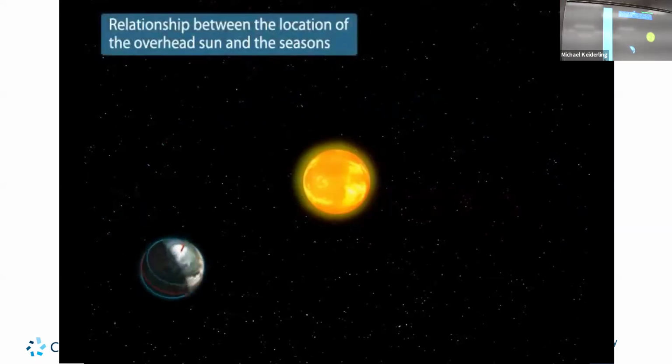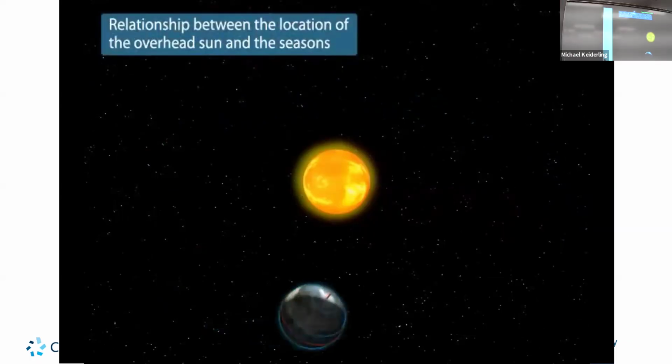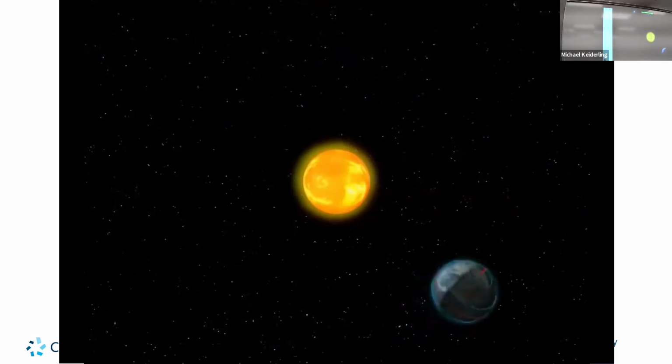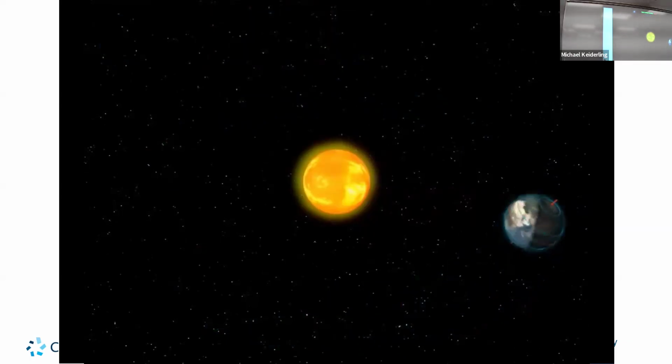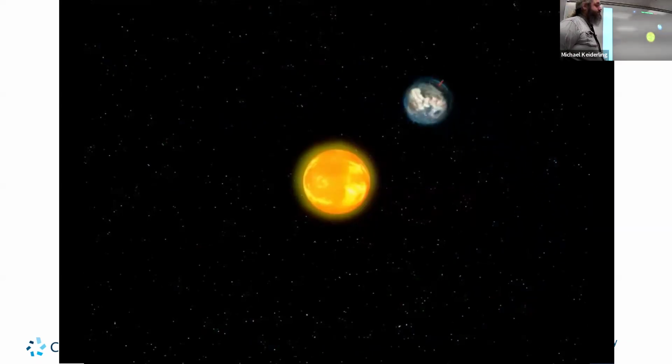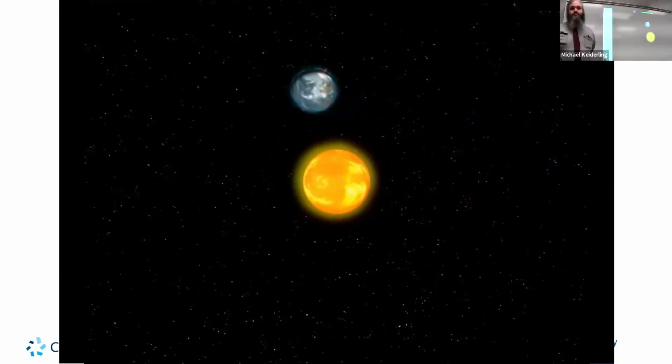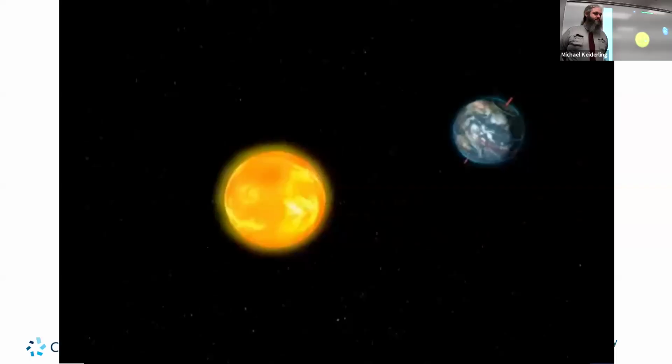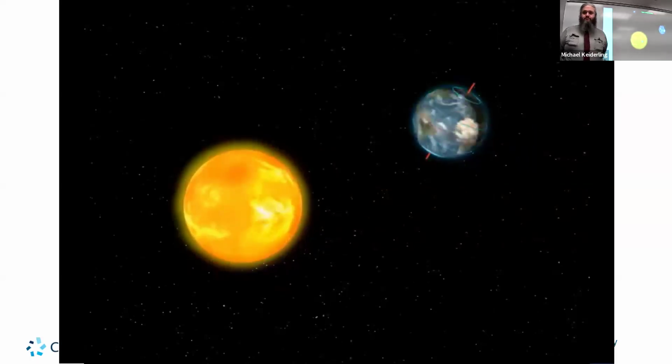Relationship between the location of the overhead sun and the seasons. Similarly, the revolution of the Earth and the tilting of the axis results in different angle of the sun during different periods. When the sun is directly overhead, we call this the overhead sun.